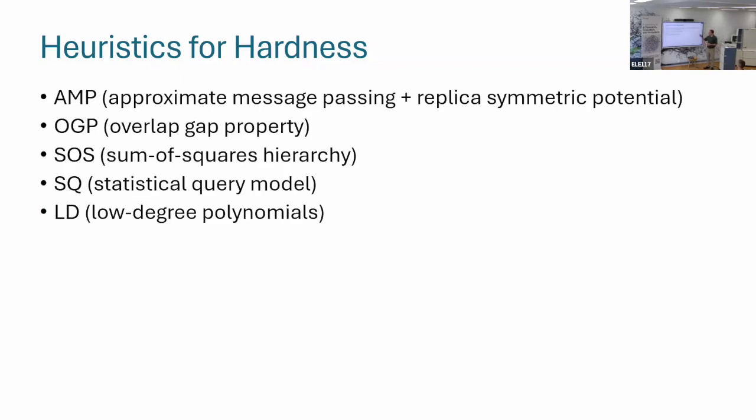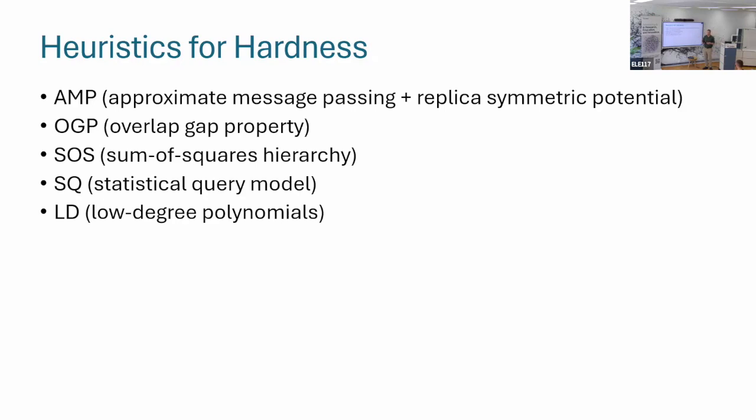A bunch of different communities have come together with different ideas of what makes these problems easy and what makes them hard. Here are some examples. Coming from the statistical physics viewpoint, we have approximate message passing and the associated replica symmetric potential. But then there are various other heuristics as well. The overlap gap property is a structural property of the solution space that can be used to rule out certain local search algorithms.